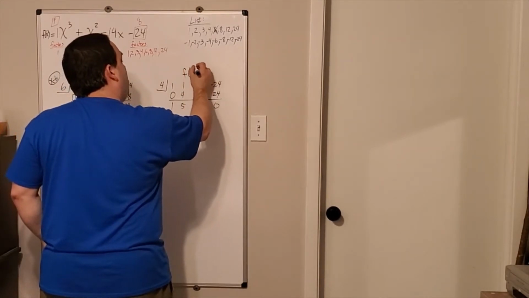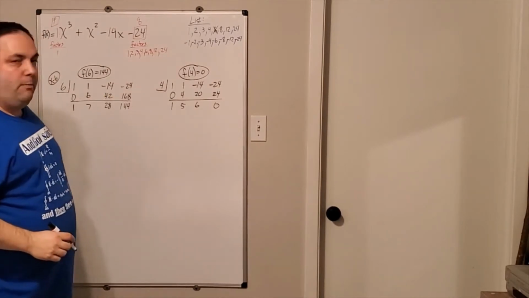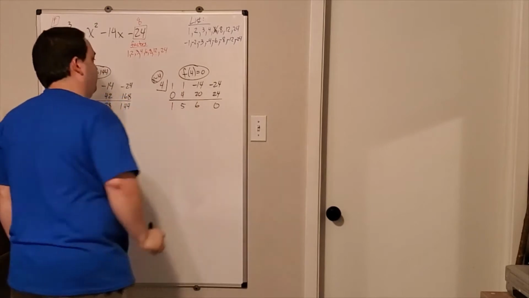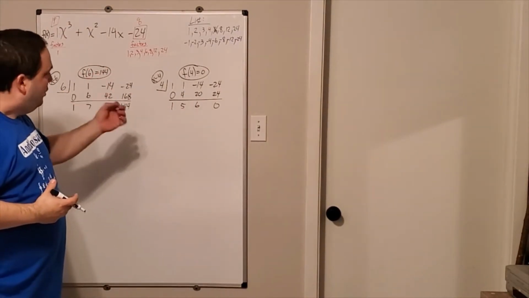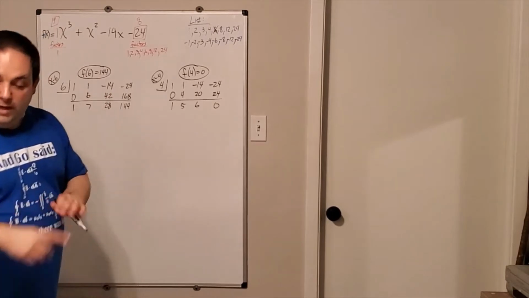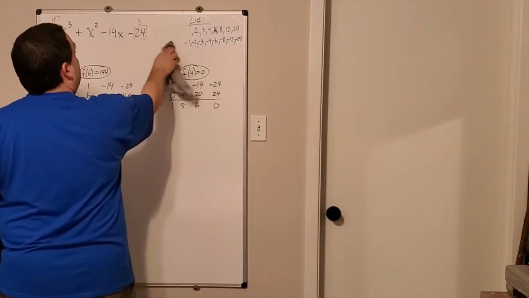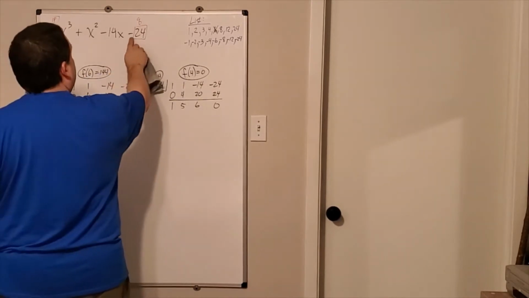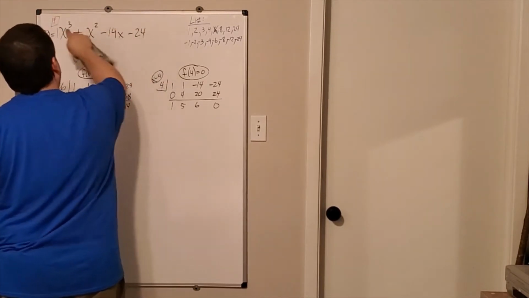But more importantly, I found a factor. Don't forget what 4 represents. That's x minus 4. I've started the factoring process now. I have broken this thing down some already. Let's annotate what that is. So I don't need these little factors here anymore because I've got my list. I've got the original polynomial here.